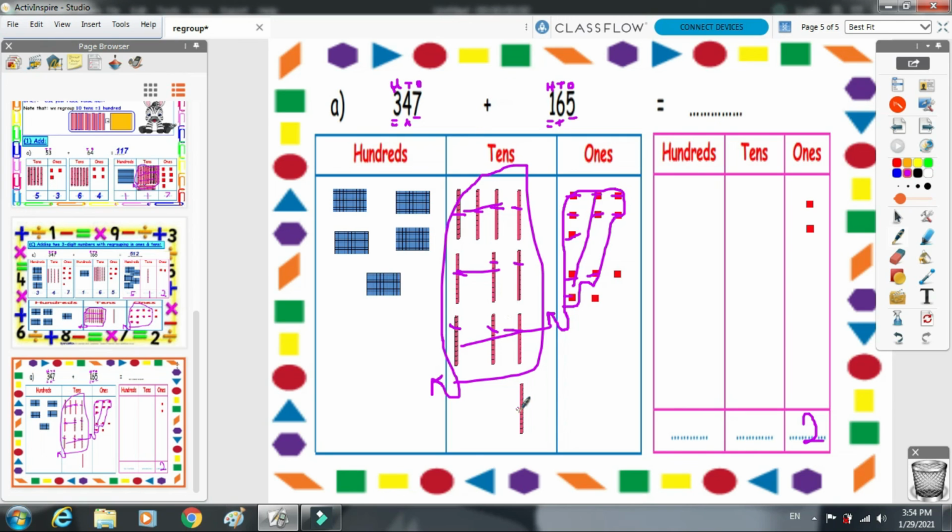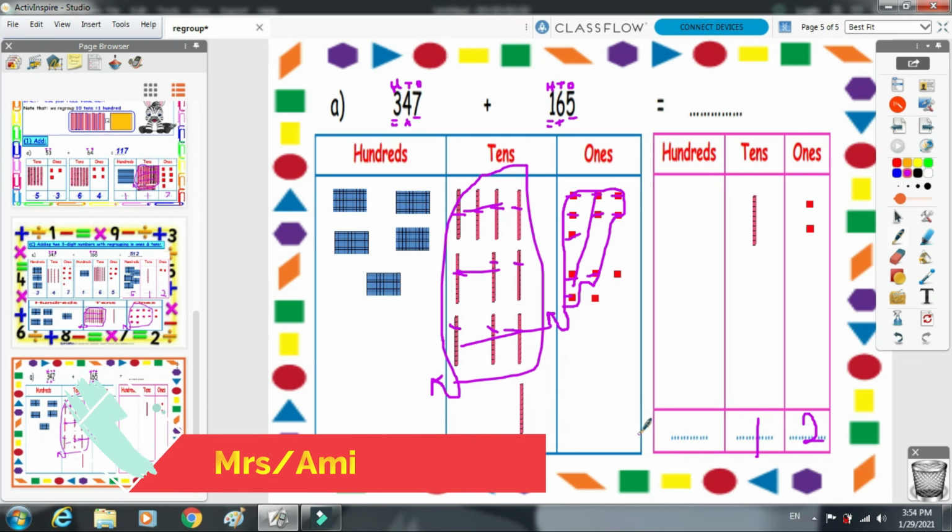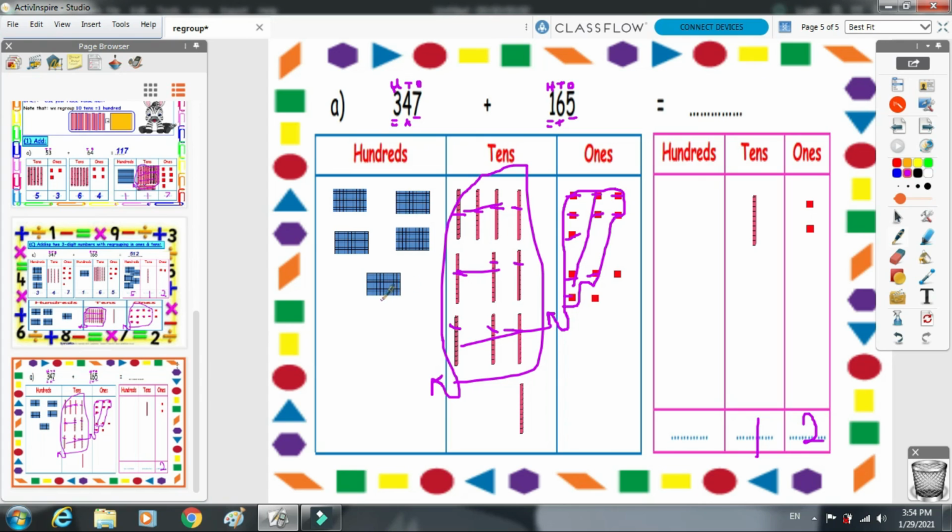And now in the answer I have only one bar in tens, so it's only 1 ten here. And hundreds I have 1, 2, 3, 4 and 5, so there are 5 hundreds. So the answer is option B.